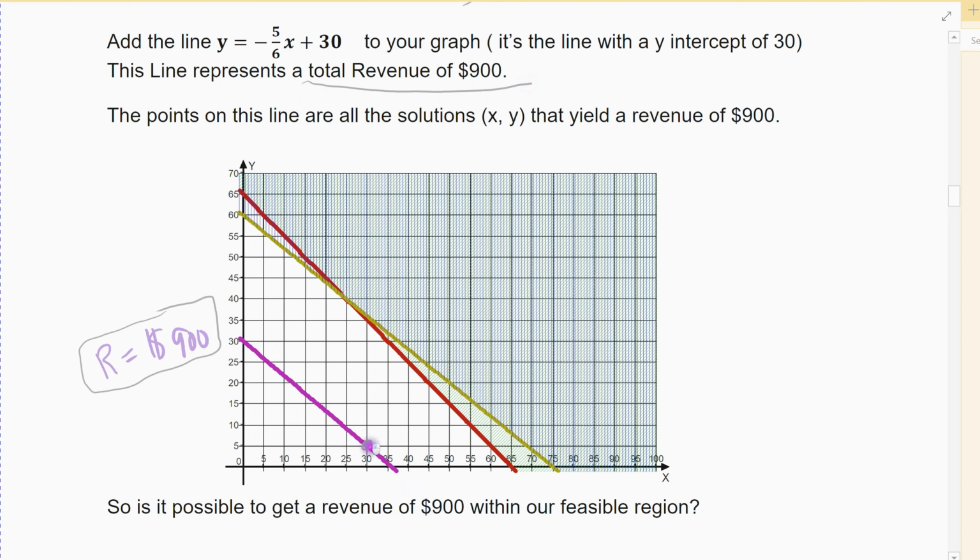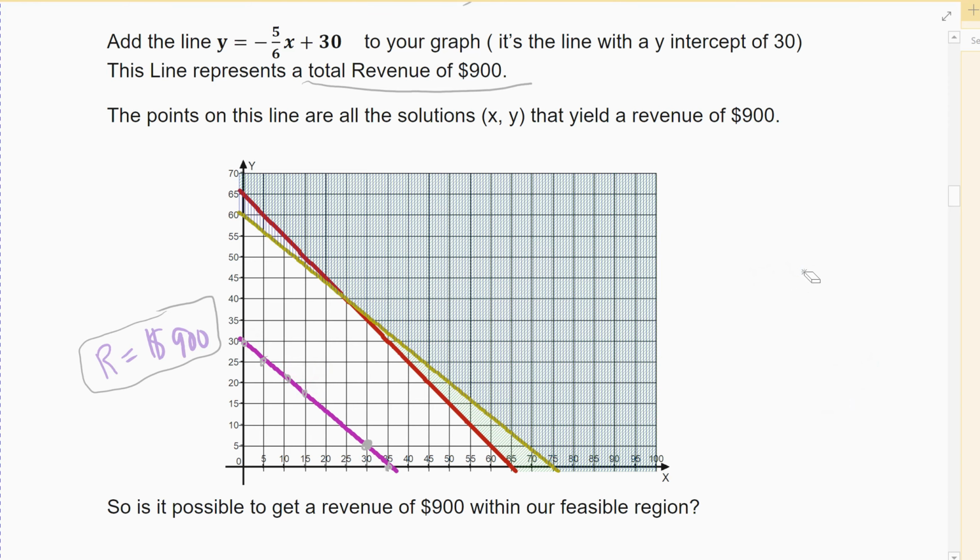I pick a point here, which looks to be, say, (5, 35). That should give me a revenue of 900. And if I pick any point on this line, it will give me a revenue of 900.